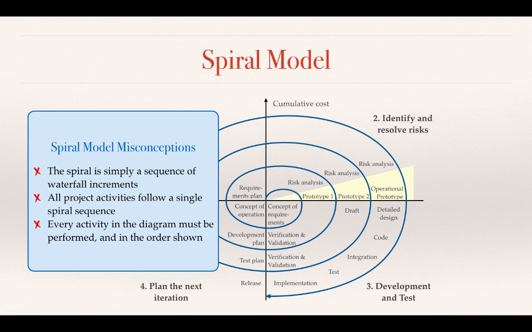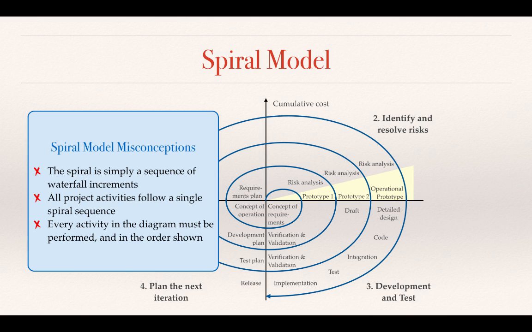Finally, here are some misconceptions that Barry Boehm claims that people have about the spiral model. The first misconception can be directly leveled at Pressman. In Pressman's version of the spiral model, it really is just a sequence of waterfall increments. Conversely, some folks might think that one activity corresponds to one iteration of the spiral, which is certainly not true.